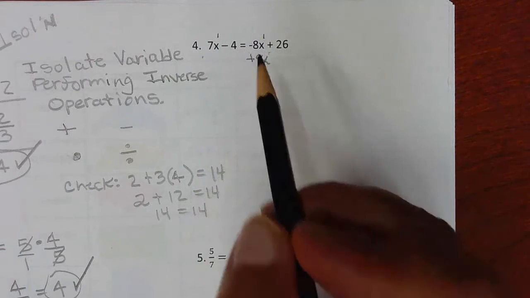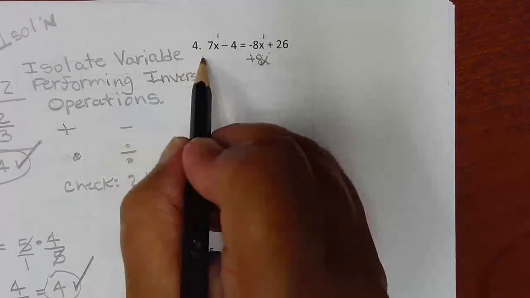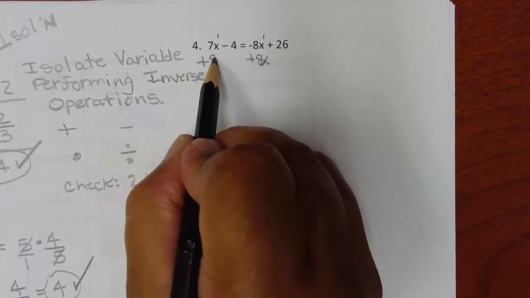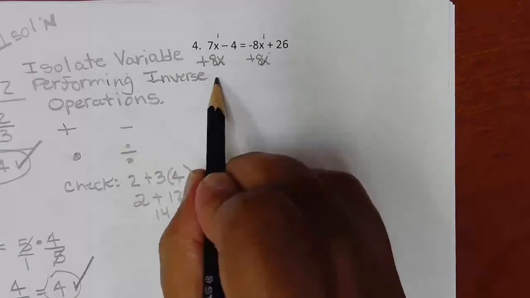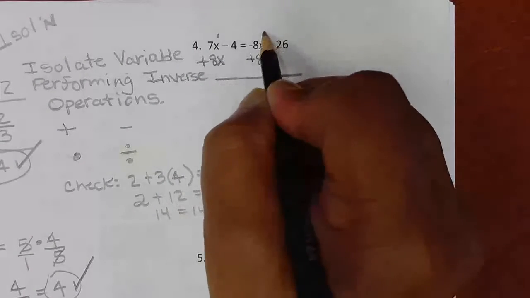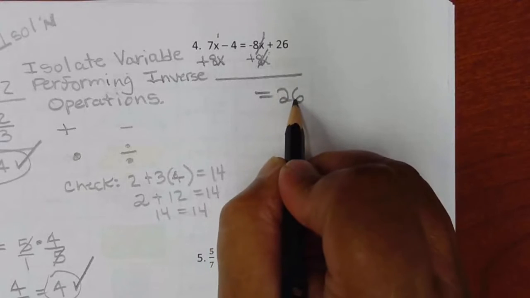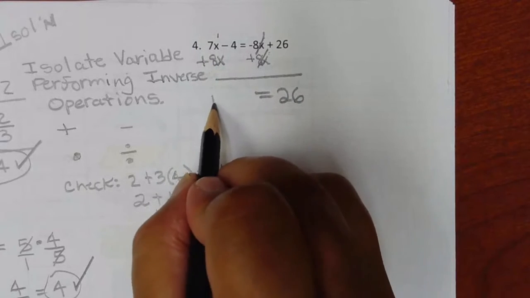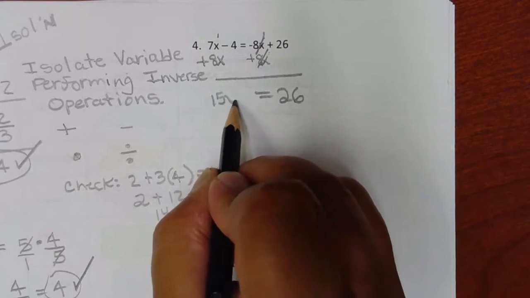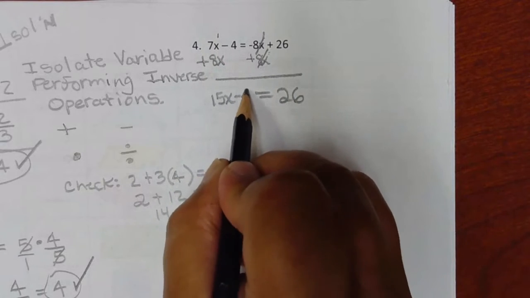It's the same thing as adding 8x. Whatever I do here, I have to also do here. So this is going to cancel with this. I'm going to get a 26. 7 and 8 is 15x. Then subtract 4.